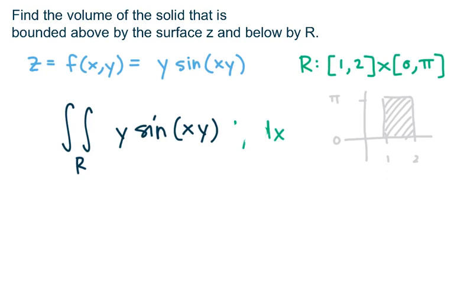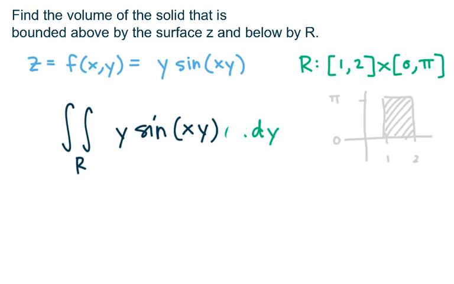Therefore, if we set this up with dx dy, then this y value is a constant, and we're just going to find the integral of sine, which is going to be negative cosine. So clearly, I hope you can see that putting dx first is going to make our job easier.